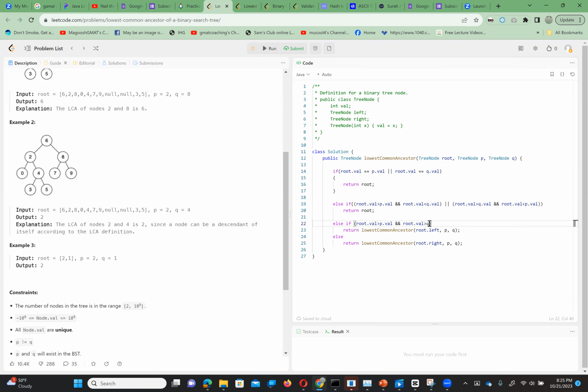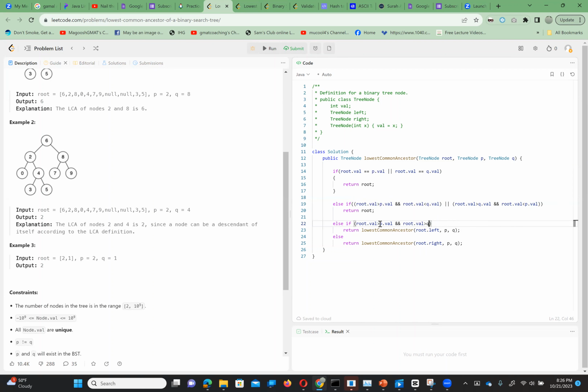Because this must be true, it is not possible otherwise, because I already have checked this part here, right? Since this was not hit, that means this is no longer possible, so obviously this is also true. Okay, I can just write this to make it clear, yeah, let's write this.